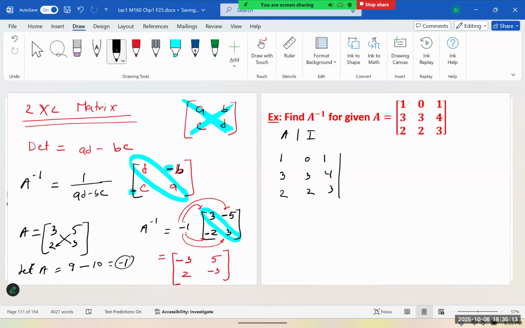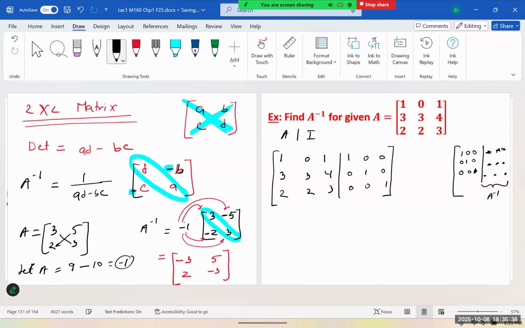That means we have to use the 3 by 3 identity matrix, 1 0 0, 0 1 0, 0 0 1. And our goal is to convert this into the identity, 1 0 0, 0 1 0, 0 0 1, and then we have a bunch of numbers. So that will give us the inverse when you have your identity matrix on the left.